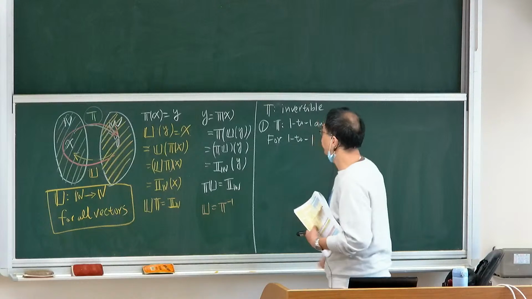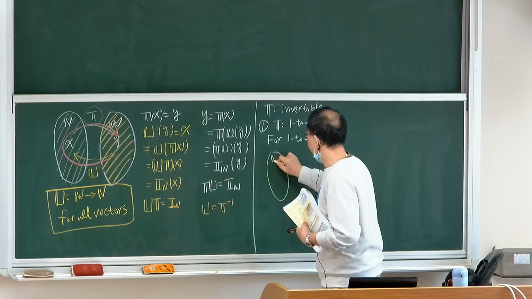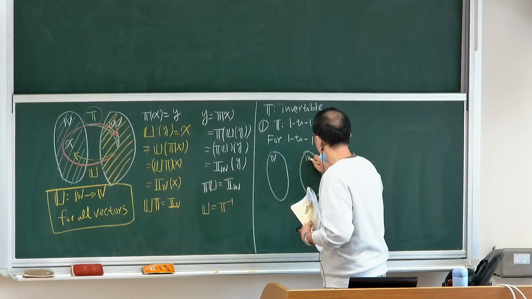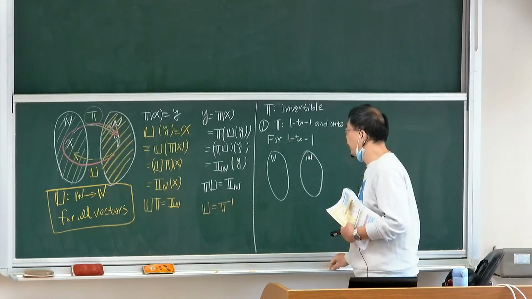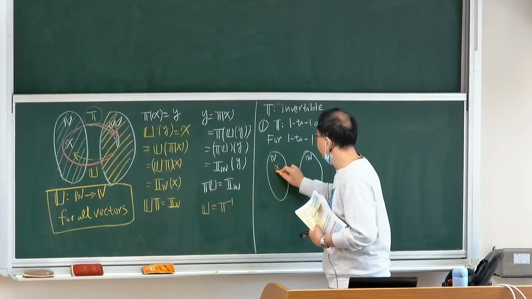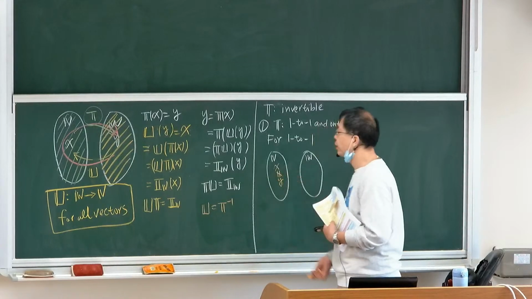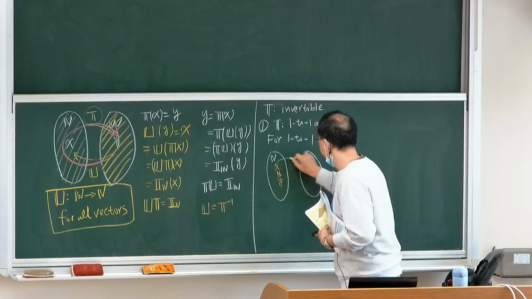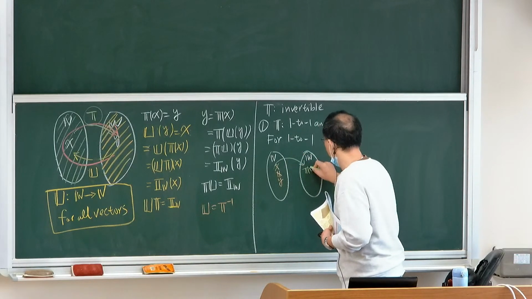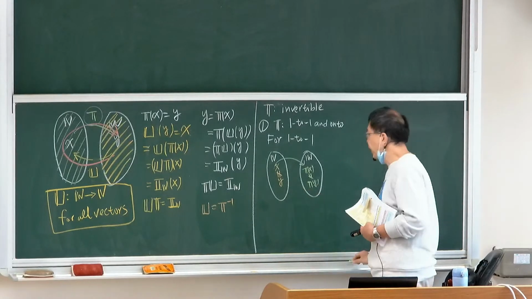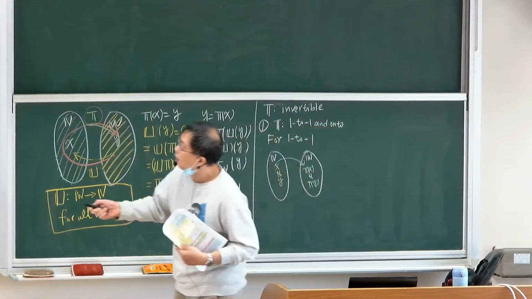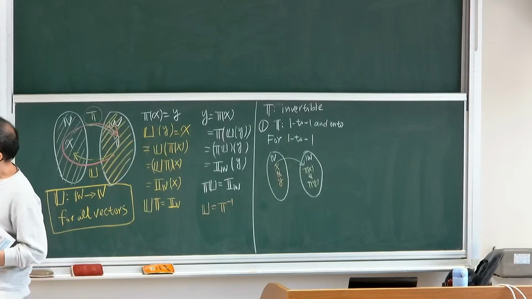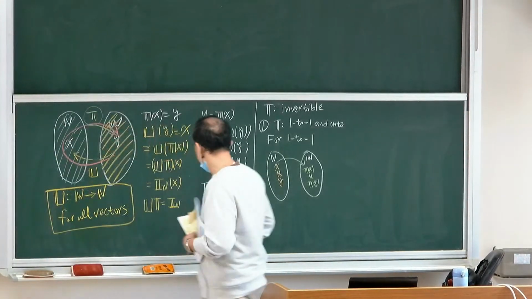we have two criteria here from vector space V to vector space W. If it's 1 to 1, then x is not equal to y. If x is not equal to y, then after transformation, T(x) will not be equal to T(y). So that is the first: if x is not equal to y, then f(x) is not equal to f(y).